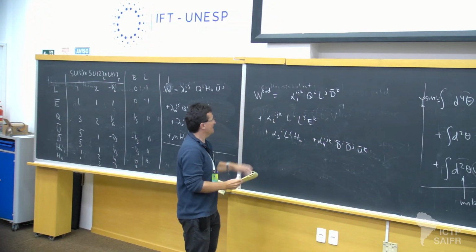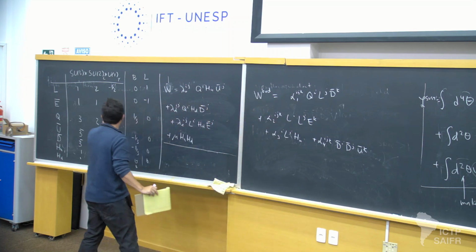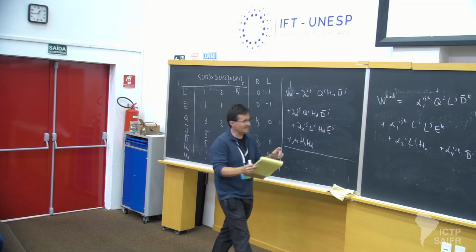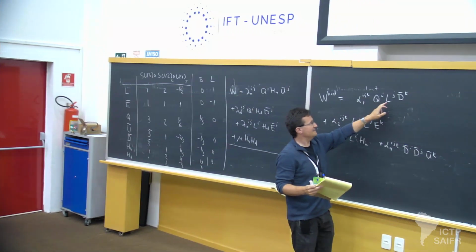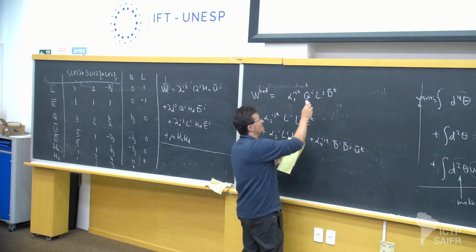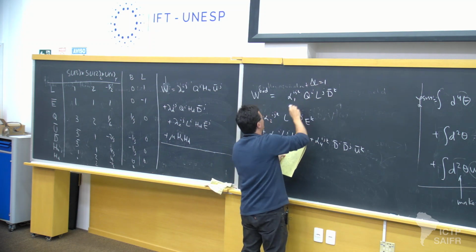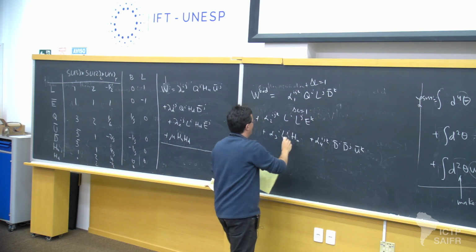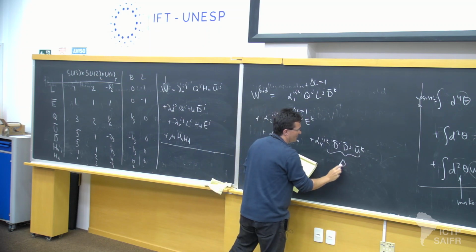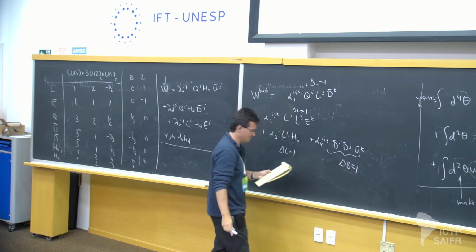So these terms are allowed by the gauge symmetries. However, you can see that these actually violate Lepton number and Baryon number. So these are delta L equals 1, delta L equals 1, delta L equals 1, and this one violates Baryon number, delta B equals 1.